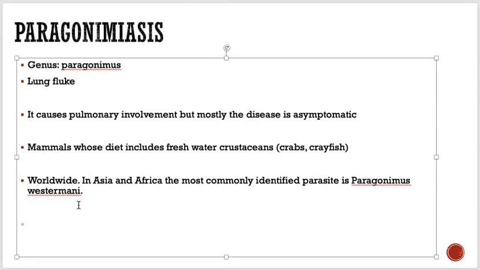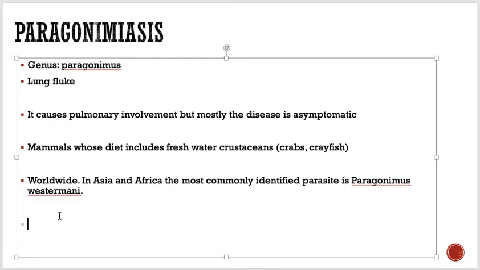In West Africa, they call it Paragonimus bilateralis.